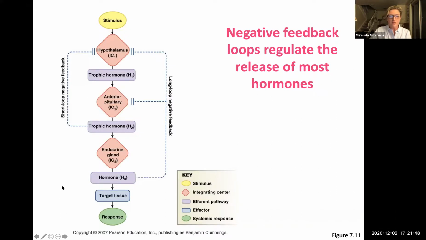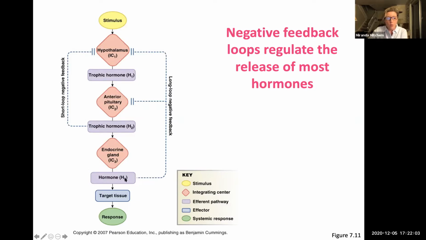We do have 3 different negative feedback loops that can turn off different sections of this pathway depending upon how far we are in it.